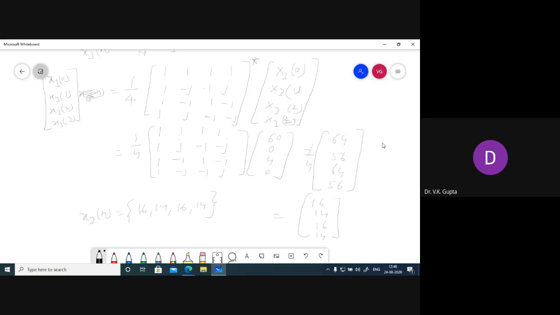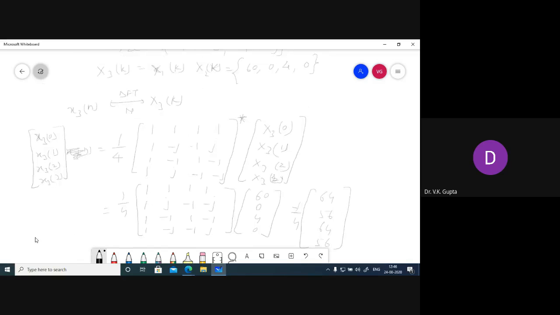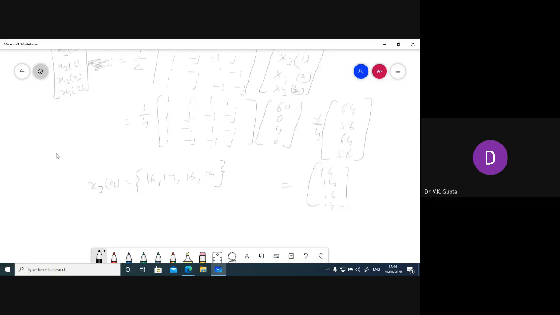This is your circular convolution using DFT and IDFT. So in the exam, either question will come, find the circular convolution of two sequences. Then you can take any method, either the time domain method or the frequency domain method. But if it is specified to find the circular convolution of these two sequences using DFT and IDFT, in that case, you first find the DFT of the first sequence, then the DFT of the second sequence, then multiply these two.